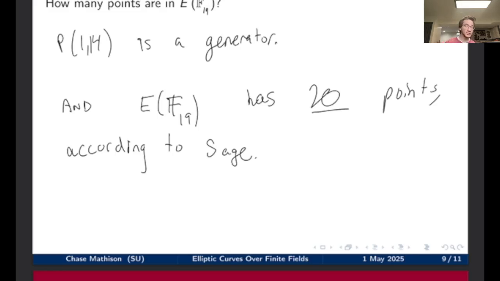If anyone's interested in how do I know how many points ahead of time are on the elliptic curve over F_p, or how do I know how to find a generator, your book is a really good resource. And if anyone's thinking about doing any sort of research in cryptography, this is a field that's still relatively booming, and you could start looking into modern advances in elliptic curve cryptography.